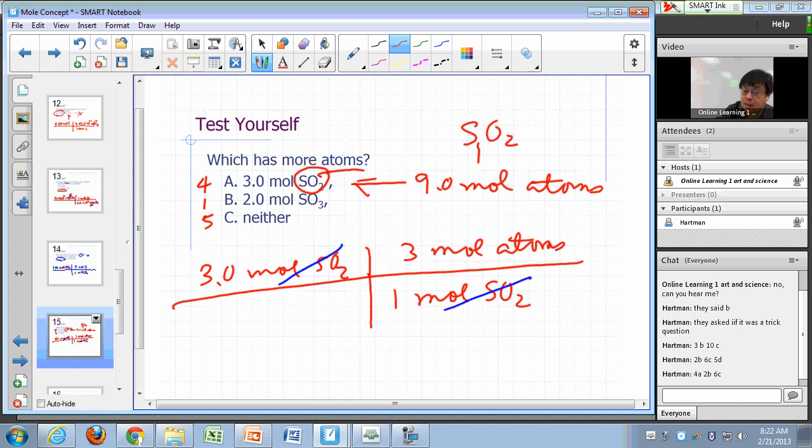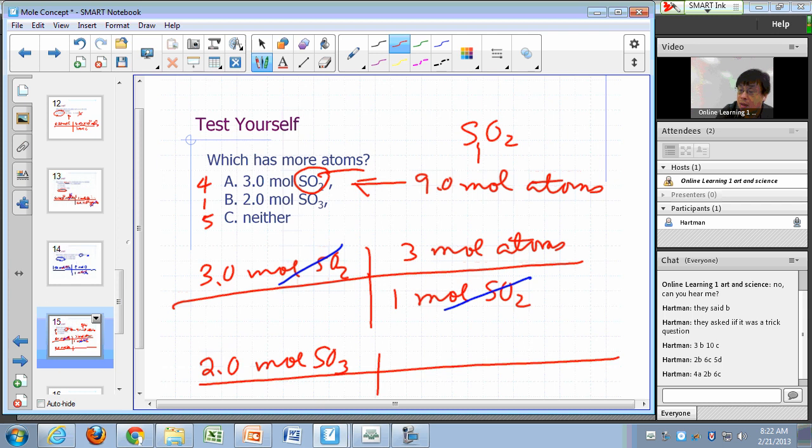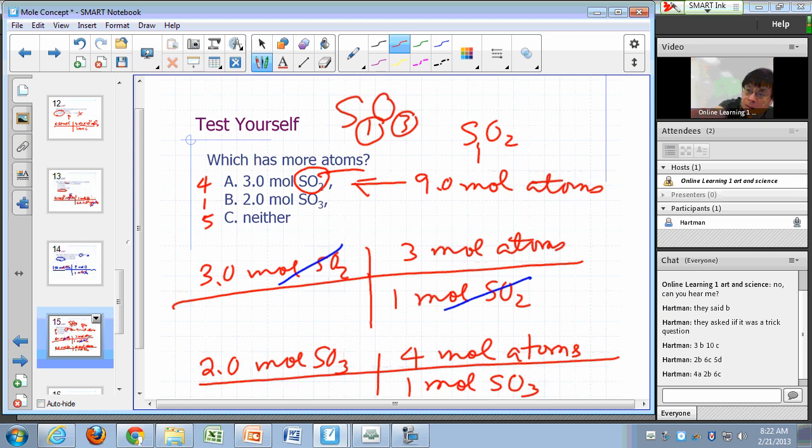Okay, and then let's look at the second one. 2.0 mole of SO3. SO3 is S1 O3, so that's 4. So you have 4 moles of atoms in 1 mole of SO3. Okay, so 2.0 times 4 gives me 8 moles of atoms.